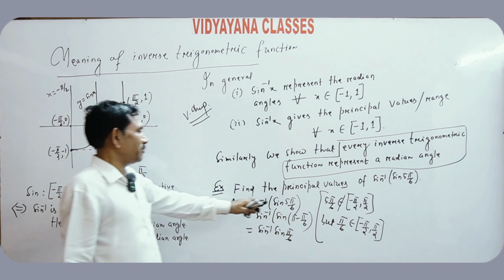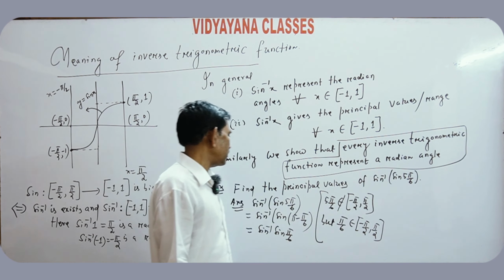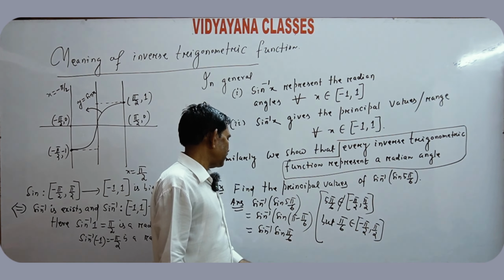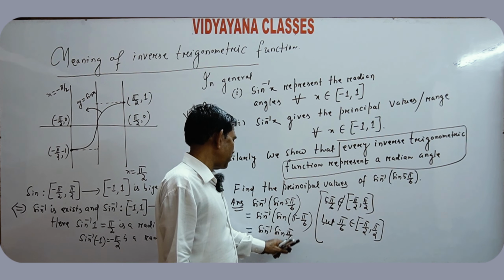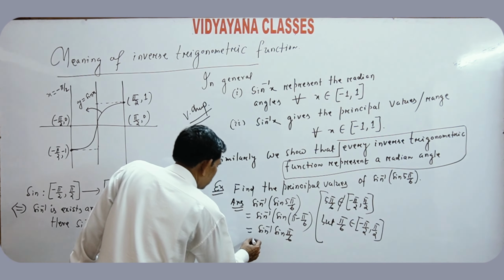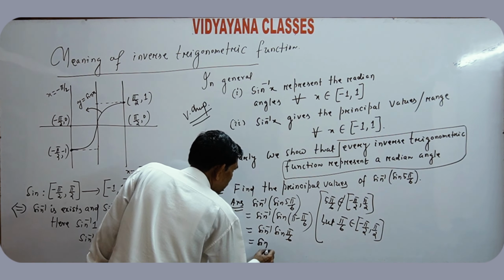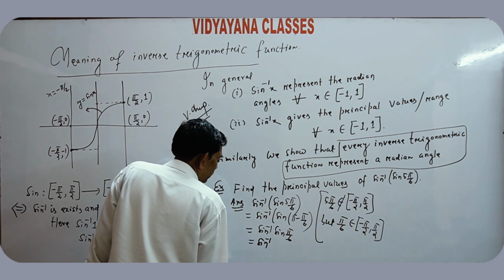Here 5 pi by 6 does not belong to this set, so we change 5 pi by 6 to pi by 6. Here pi by 6 belongs to this set, which is equal to sin inverse sin 30 degree, that means half.